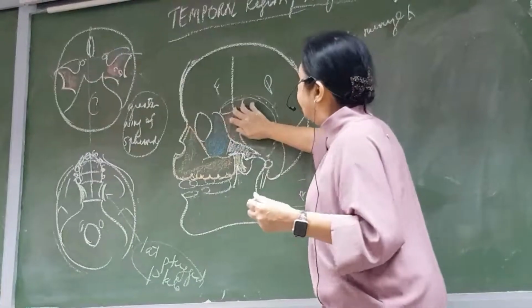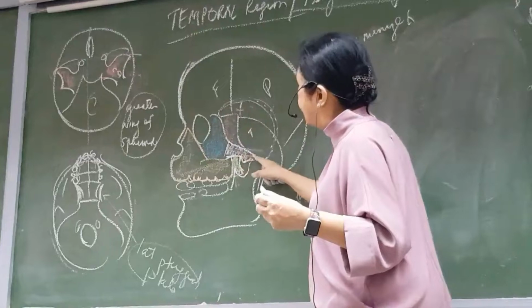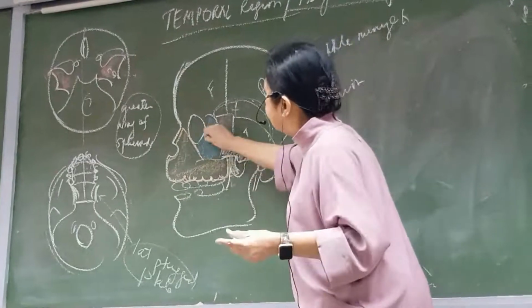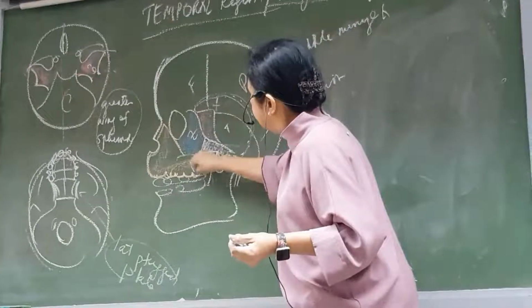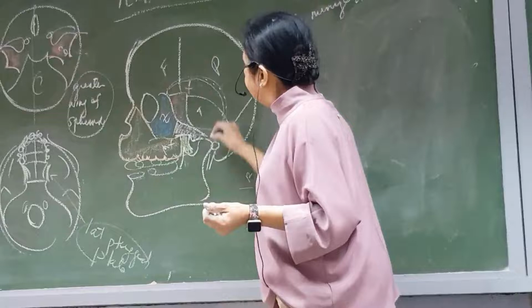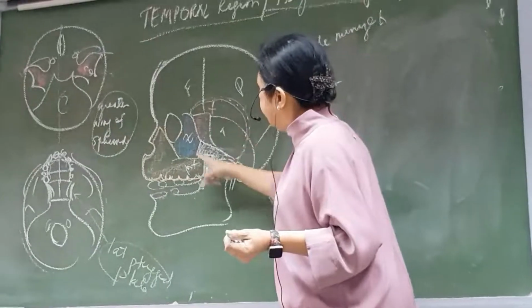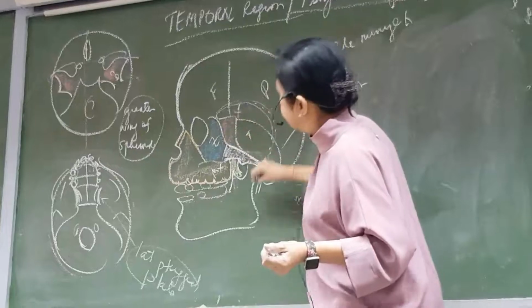And when you look at this, the inferior boundary is the zygomatic arch. The blue bone here is zygomatic, the cheekbone. The orange one is the upper jaw, maxilla. And of course, this is temporal. And this is your zygomatic arch.